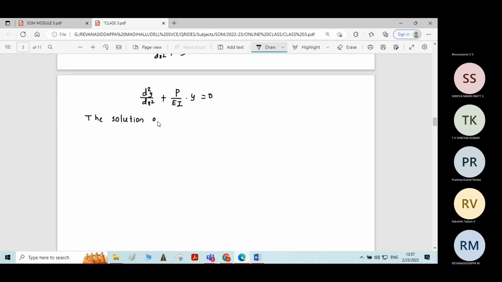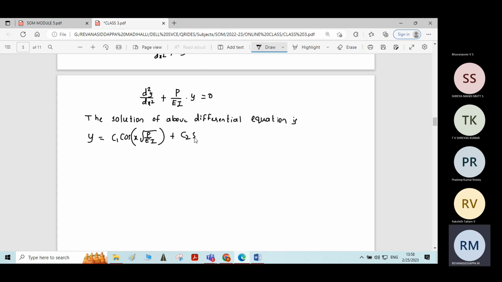Y is equal to C1 cos x root P by EI plus C2 sin x root P by EI. Okay, call it as equation number 1.